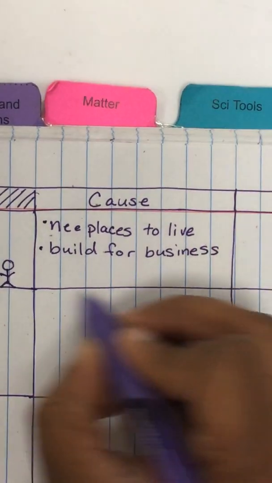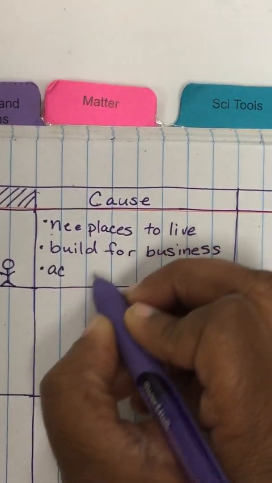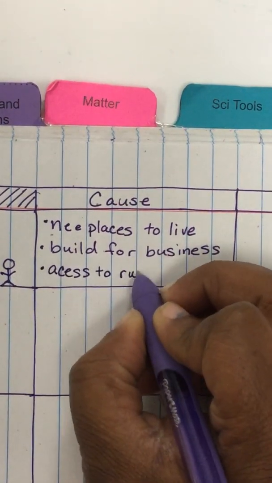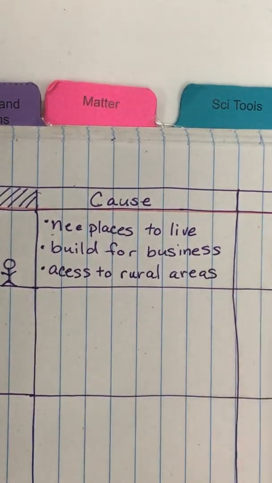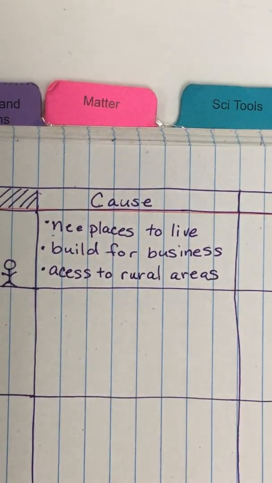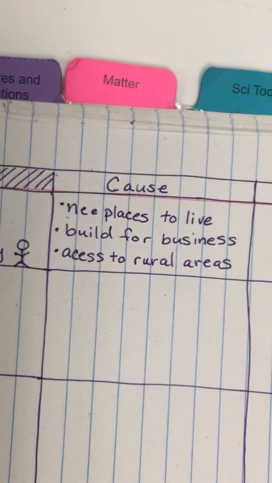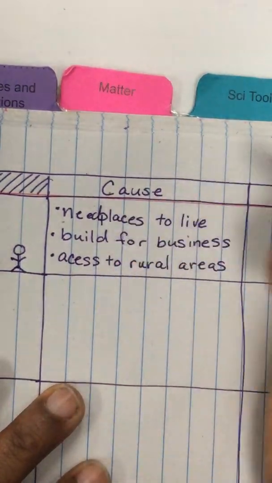And access to rural areas. If you don't know what rural is, that's basically just country areas, places that we don't have cities. Oh, I just realized I left my D off of need.